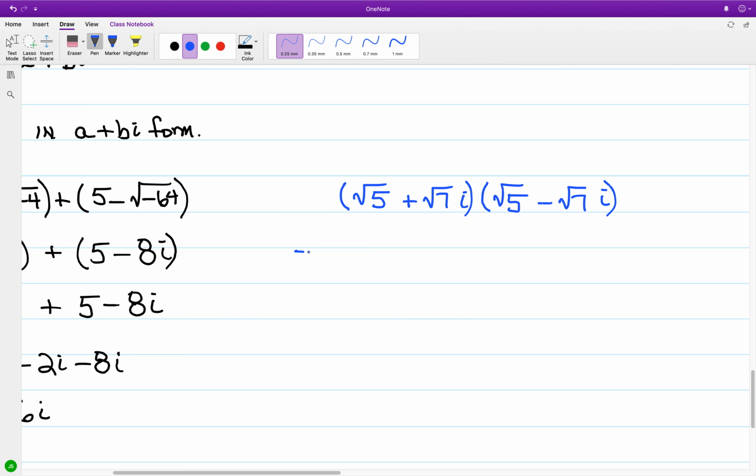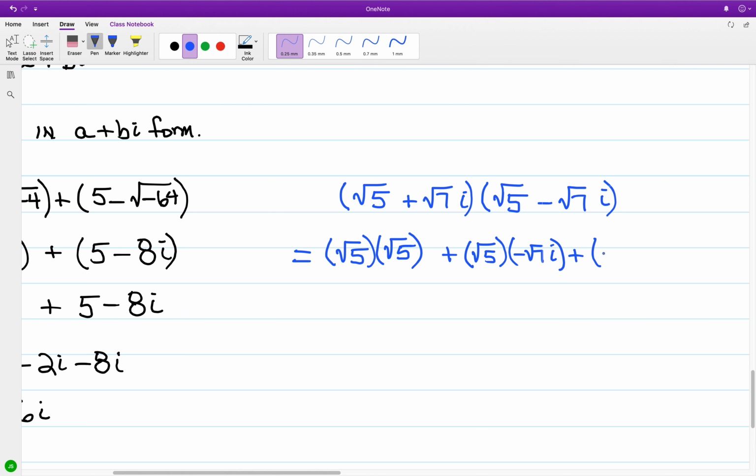So if we look at multiplying together, now we'll do this one gradually. So we have the square root of 5 times itself, that is going to be the first product, and with the outside product, we have square root of 5 times the negative of the square root of 7 times i.